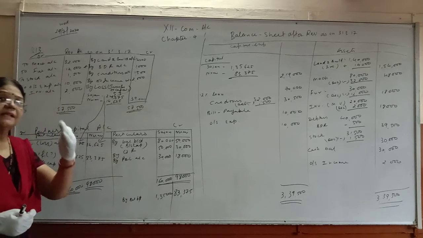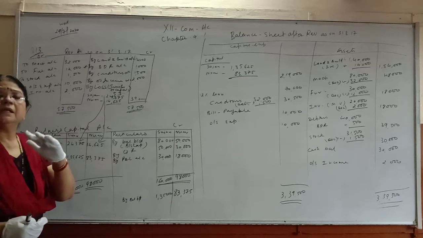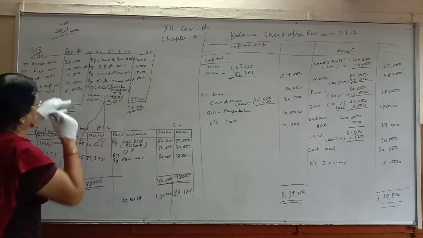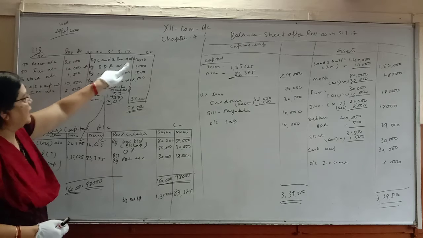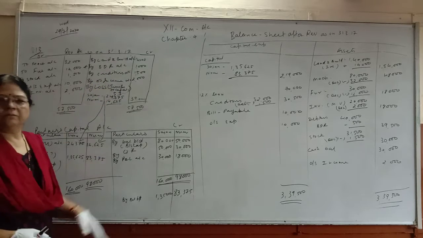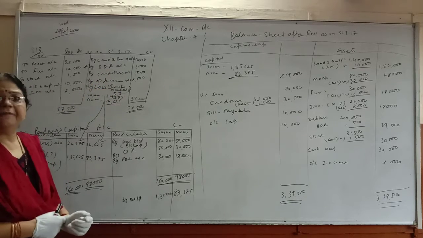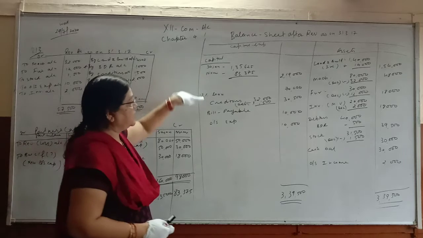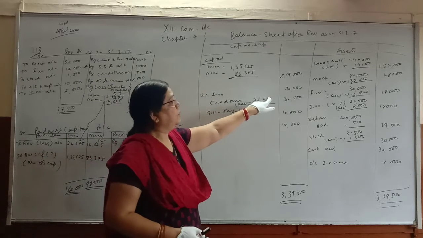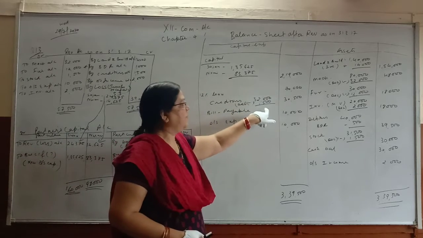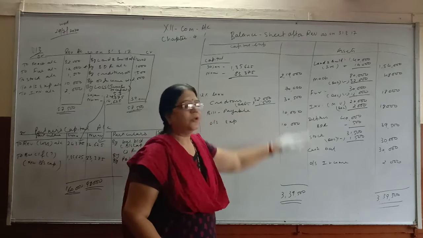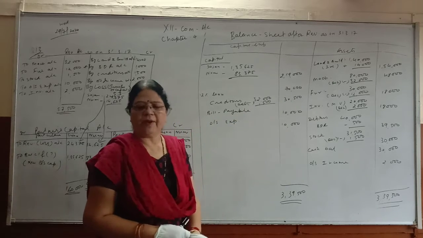Creditors are a liability. Not required means the liability reduces, and liability reduces means we have to write on the credit side. The second effect will be in the balance sheet: creditors 32,000 is given in the balance sheet and 1,500 we will reduce. So you will get 30,500.